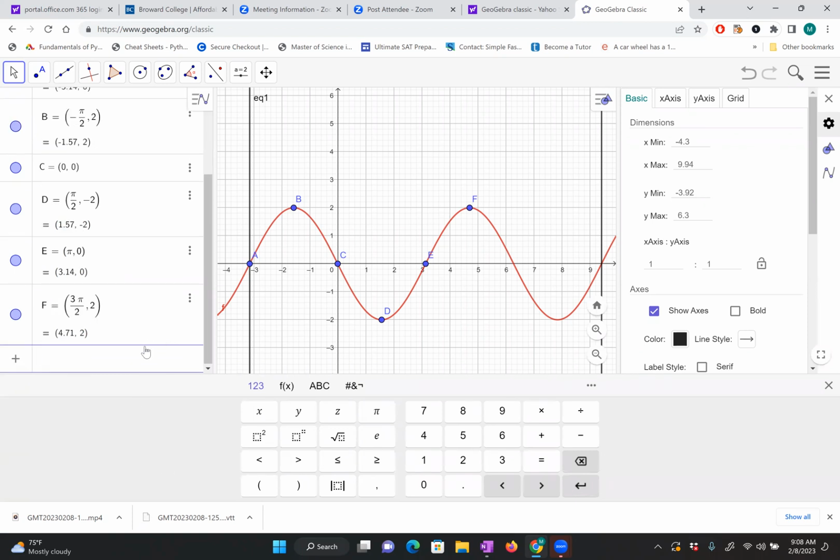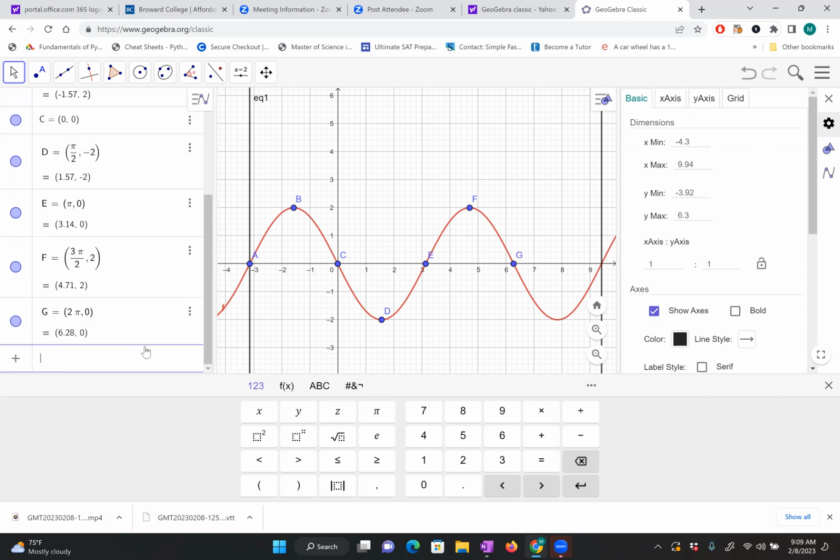Our next point will be the 2 pi, comma 0. Okay, and the following point, I know we're going to end up 3 pi. Let me just do this one, 3 pi, comma 0. Okay.